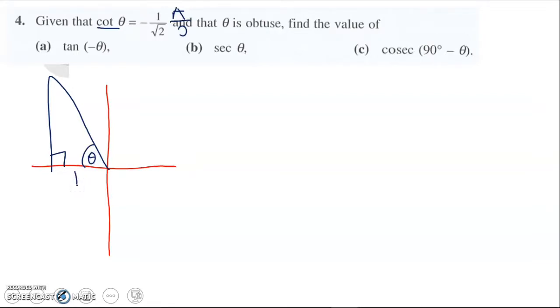Our opposite side is square root of 2. Make sure you don't forget about 1 should be negative. Once you do Pythagorean theorem, you should end up with square root of 3 there. So, let's go ahead and find out what tangent theta actually is.